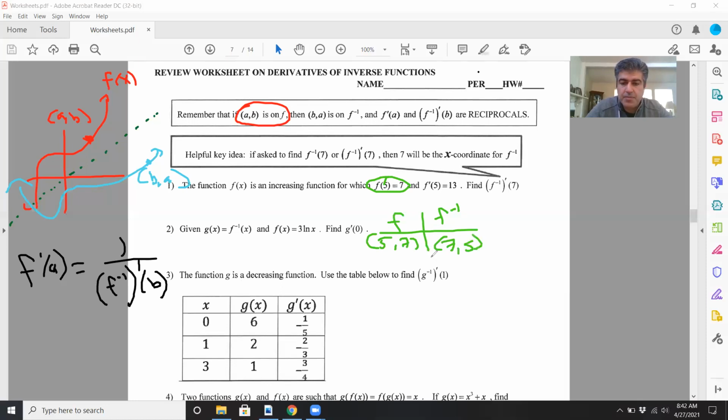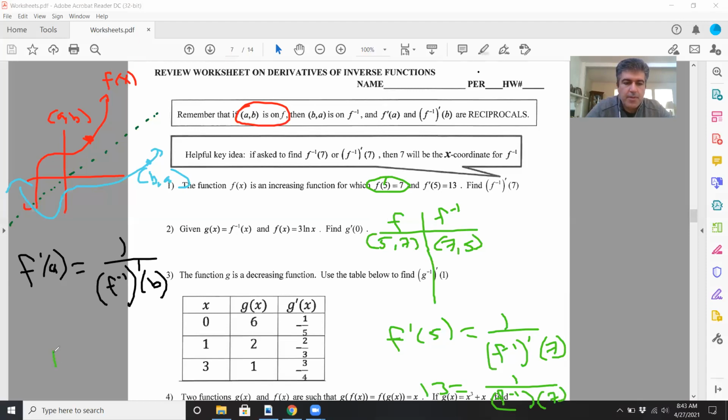What this means is that f prime of 5 must be 1 over the derivative of the inverse evaluated at 7. You use the inverse notation with the derivative symbol. F prime of 5 is 13, so 13 equals 1 over the derivative of the inverse evaluated at 7.